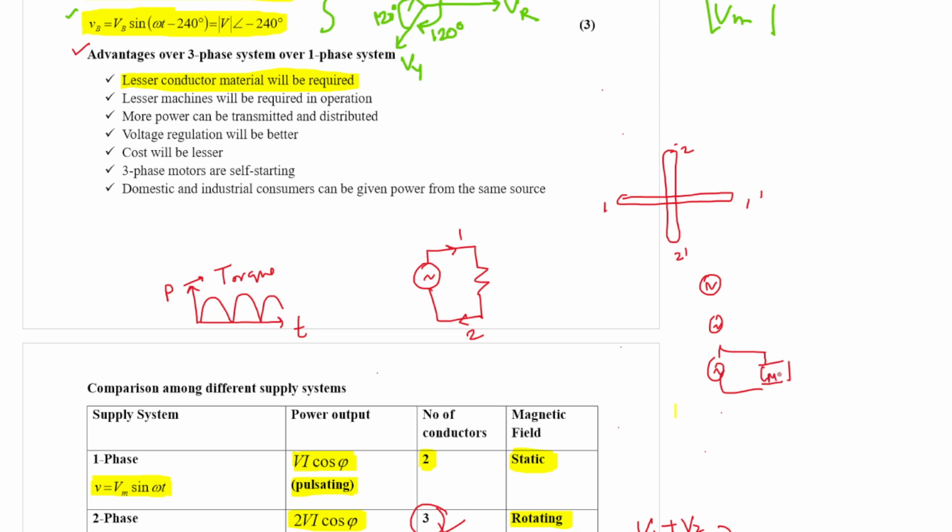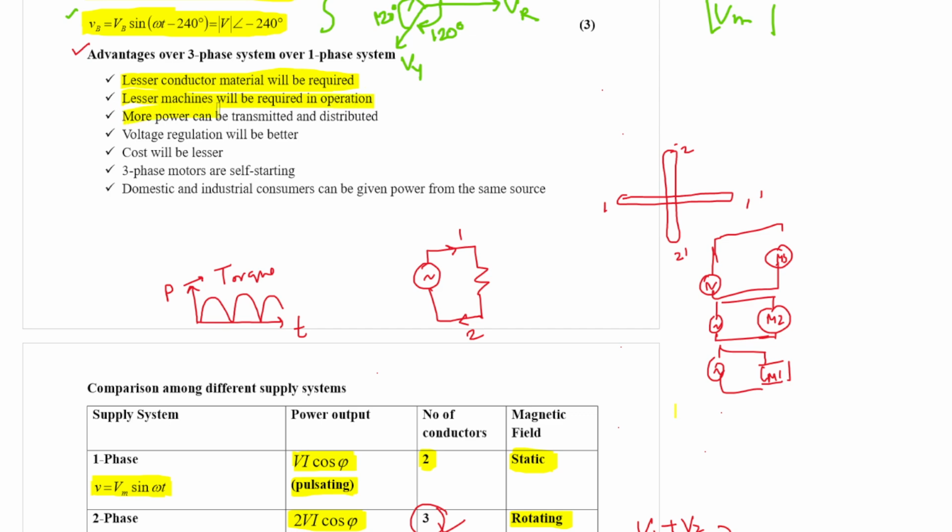Let us say this is machine 1, this is machine 2, and for supply 3 it's machine 3. Instead of having this, if we use only a 3-phase supply, we require only 1 machine. So that is another advantage.